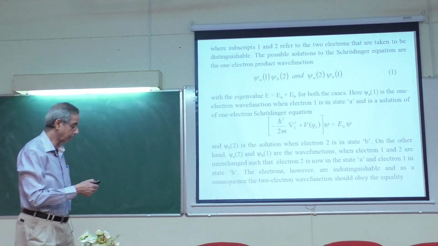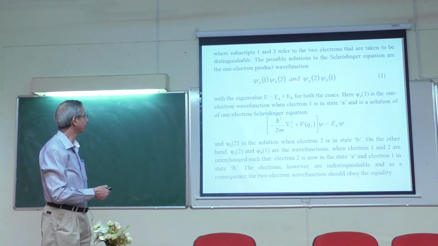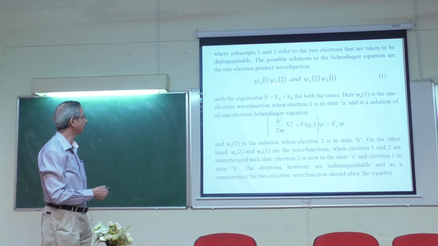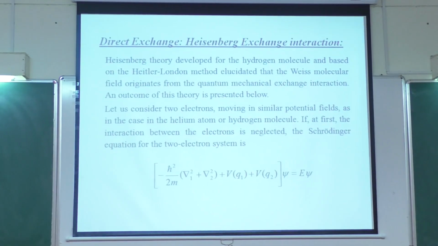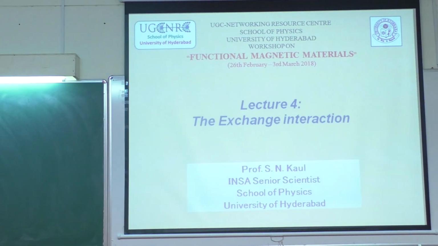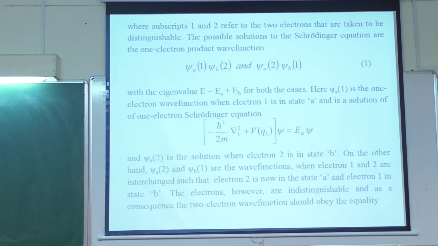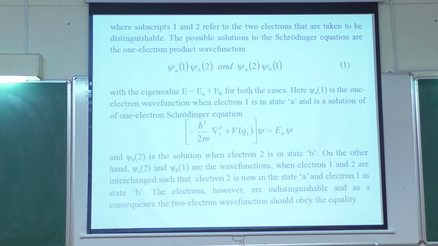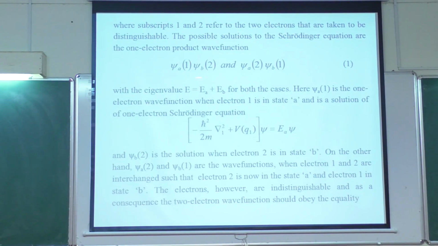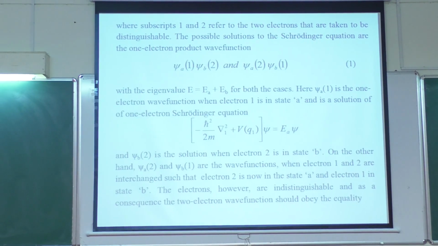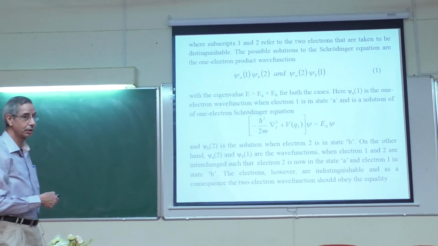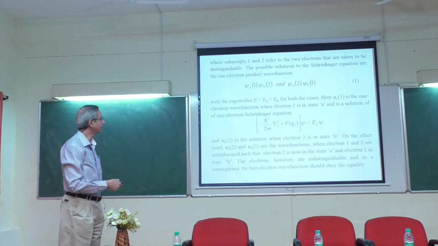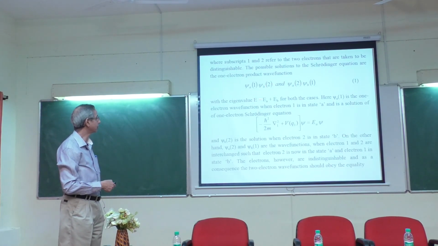This is now a two-electron wave function, which is just the product wave function of two electrons. So psi A1 is, let's say, electron 1 in some state A. Similarly, psi B2 is the second electron in state B, and vice versa when they are interchanged.